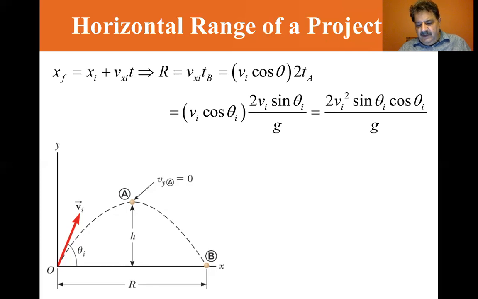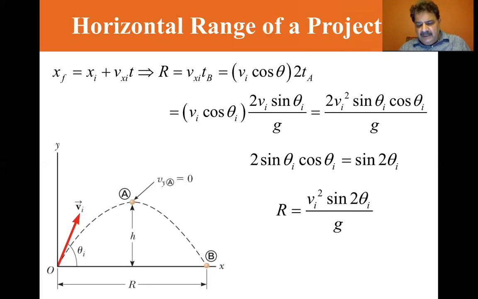And if we use the double angle formula, 2 sine theta i cosine theta i equals sine of 2 theta, we can reduce the range equation to R equals vi squared sine 2 theta divided by g, and that gives us our range as vi squared divided by g. So it's the maximum value of the range.